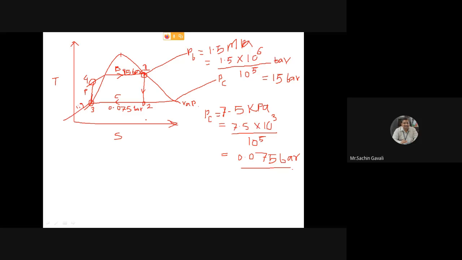Draw the diagram then. I'll give 2 minutes to you. Once the diagram is over, write completed.